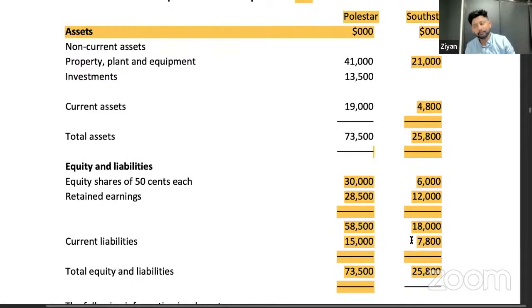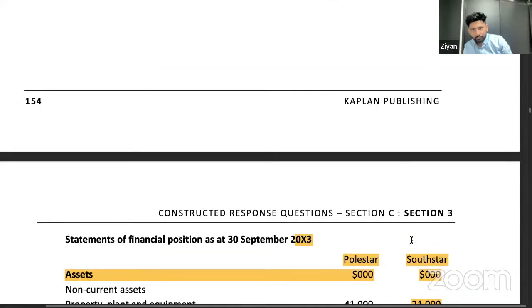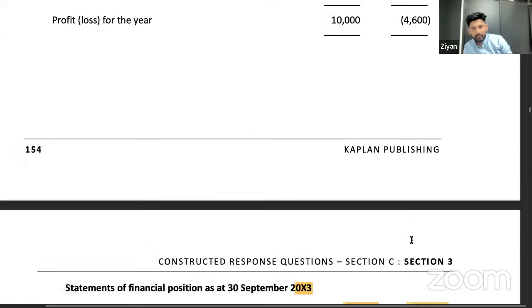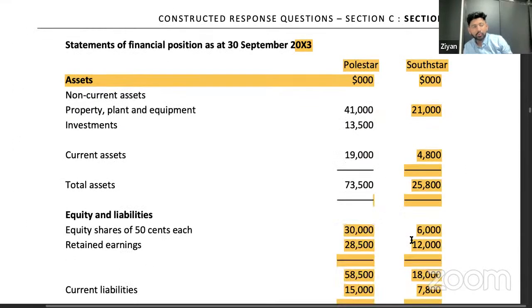How much is retained earnings? No retained earnings given at acquisition.